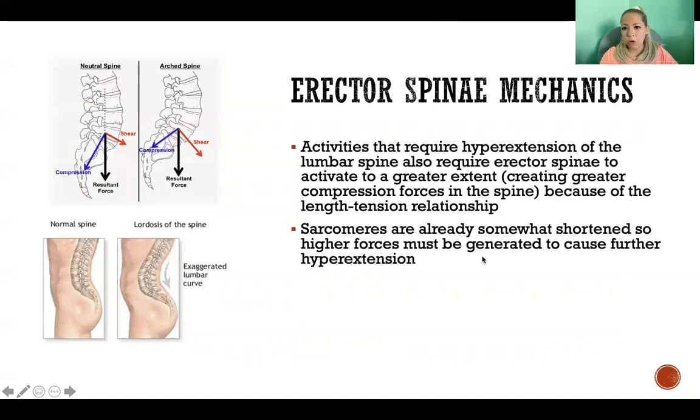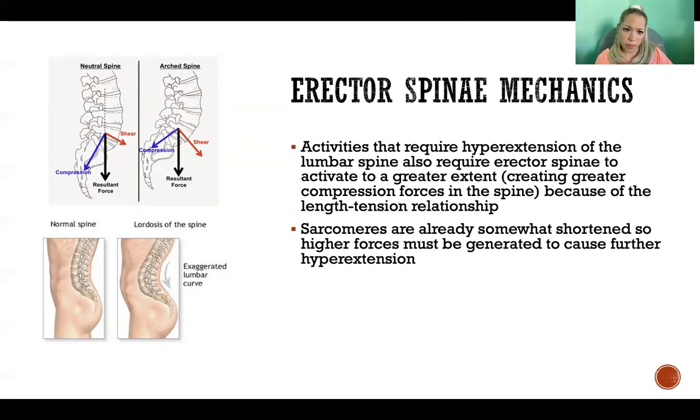Remember, the amount of force that a muscle can produce depends on the length of the muscle and the amount of overlap of the sarcomeres in that muscle. When we're hyperextended, erector spinae are already in a shortened position, or at least somewhat shorter than in neutral.